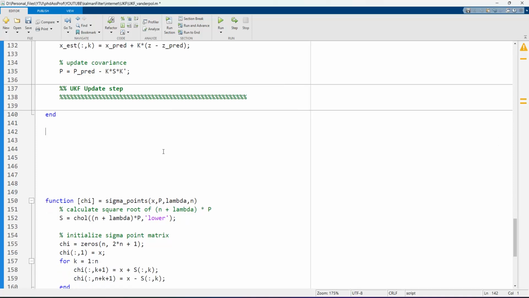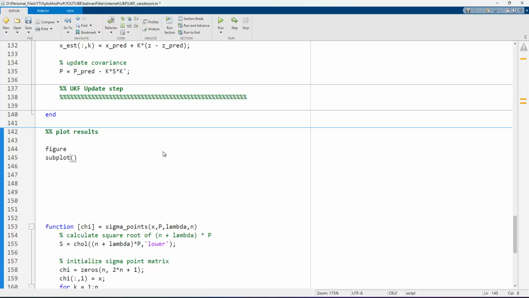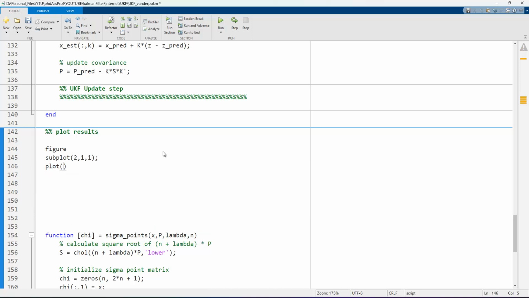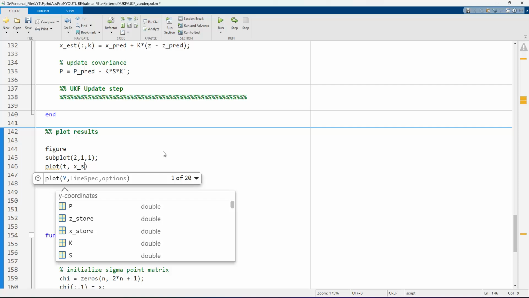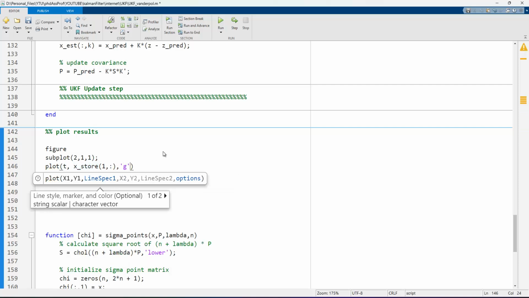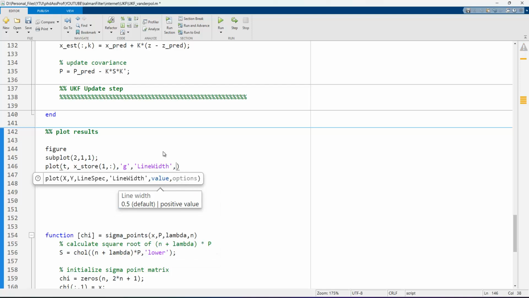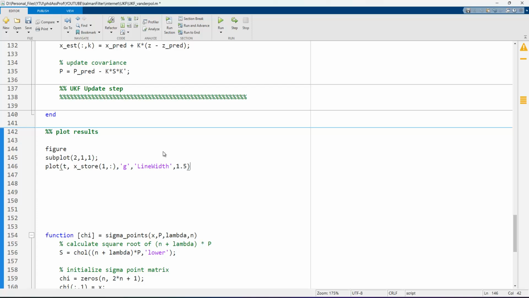After that, we need to plot the results. Just like this one, the figure. Subplot 211. Okay. And so the plot is equal to t, x store value 1, green line, width 1.5, and hold on should be given here.